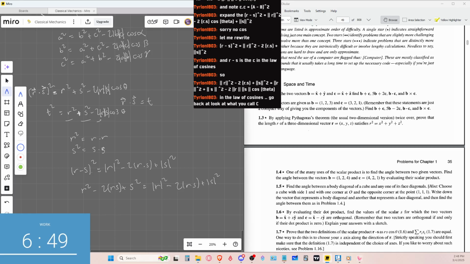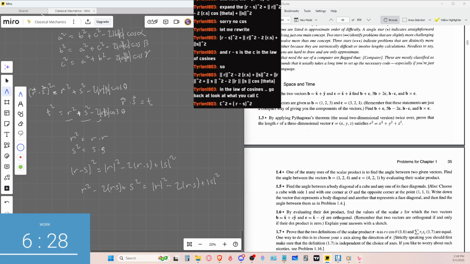Is equal to, is C in the cosine, so go back to look at what you call C. So we call C squared equals.